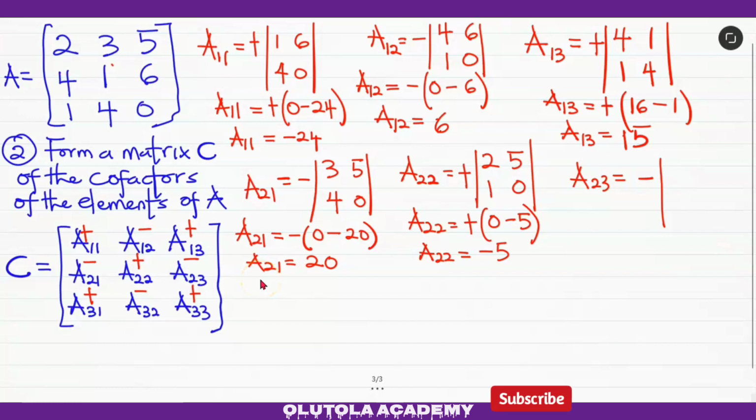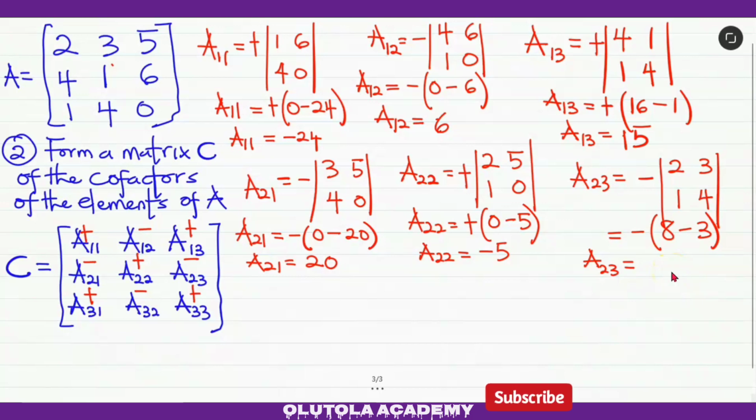So I put that down, 2 3 1 4. When I find the determinant, I will have 8 minus 3, that's 2 times 4 is 8, and 3 times 1 is 3, which gives negative 5. That's correct, negative 5. That's 8 minus 3 is 5, then the minus will come down.